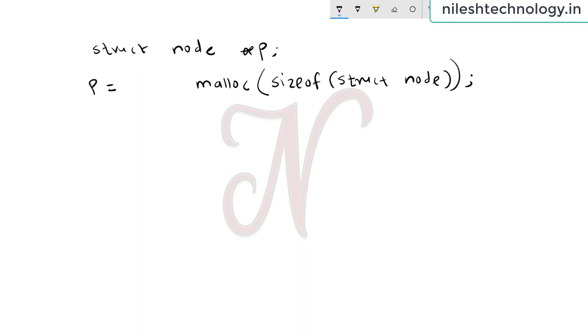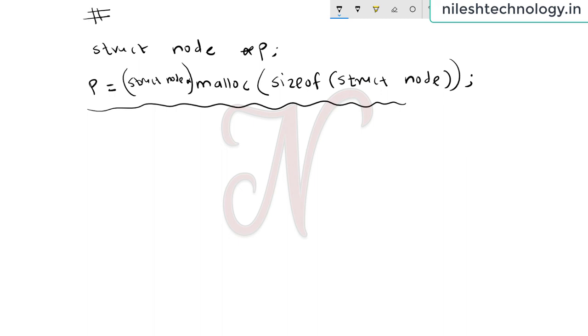The malloc function returns a void type pointer, so here we need a typecast into one type. So here typecast this into our type, struct node star. By using this way we create the dynamic memory, and if you use the malloc function in your program, then include one header file, that is hash include malloc.h.